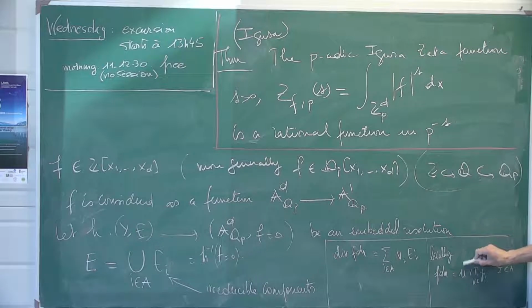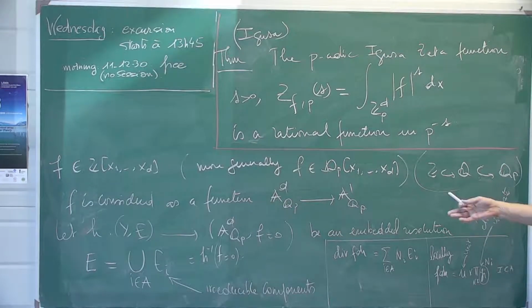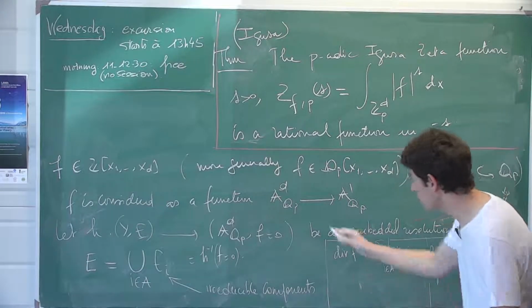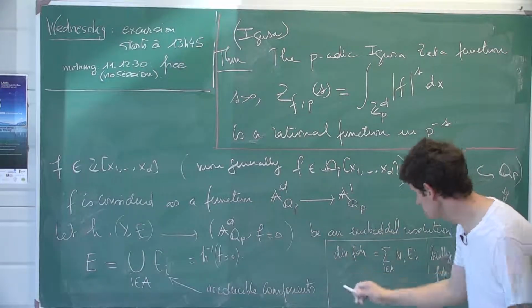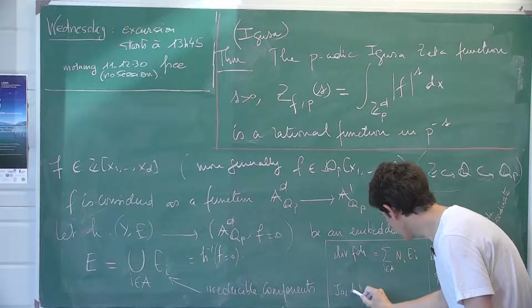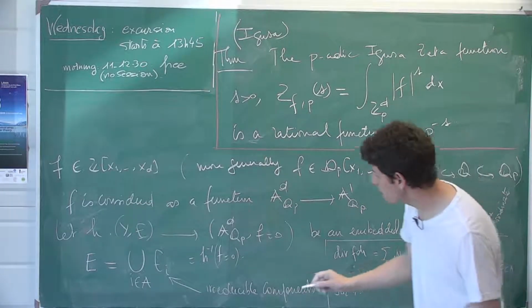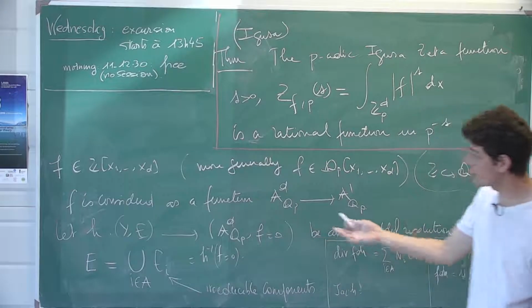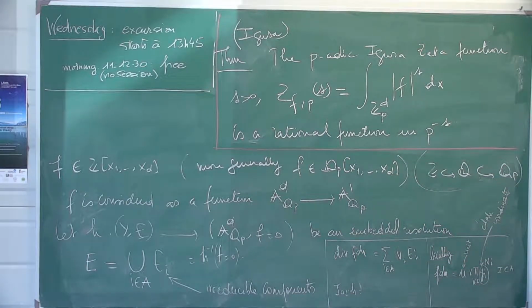So this is a unit, and this is the i-th coordinate, where locally y_i is an equation of the irreducible component E_i, and you have also a Jacobian due to h. So you have a Jacobian divisor of h, which is supported by the exceptional locus, because h is an isomorphism outside of the exceptional locus.